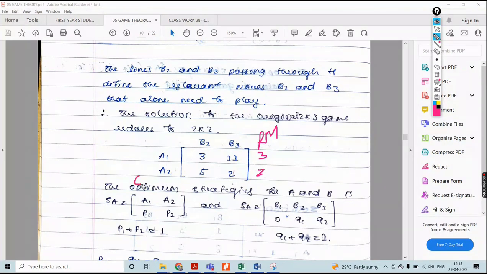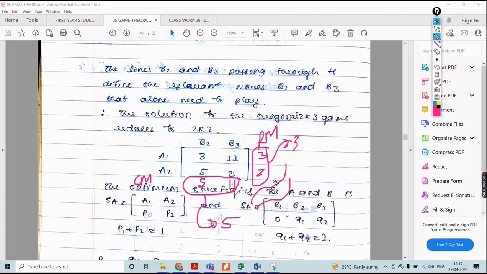What is the column maxima of this column? 5. What is the column maxima of this? 11. Then the minimum of the column maxima: among this 5 and 11, what is the minimum value? 5. The maximum of the row minima is how much? 3. Are 3 and 5 equal?